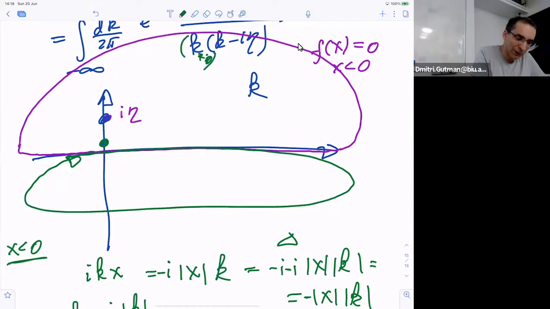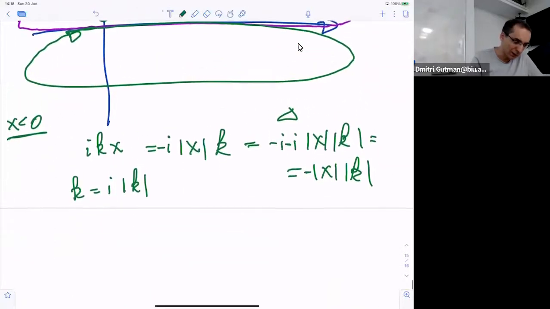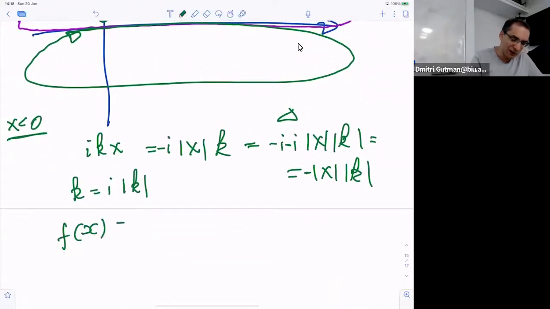Sorry, I want this to be in the upper half plane, so minus i0 here. I creatively replace it by this, pushing both poles, both i eta and 0, into the upper half plane. So now they both lie in the upper half plane. So when x is negative, I pick no poles, and therefore for negative x my result is just 0, because I close the integral in the half plane with no poles.